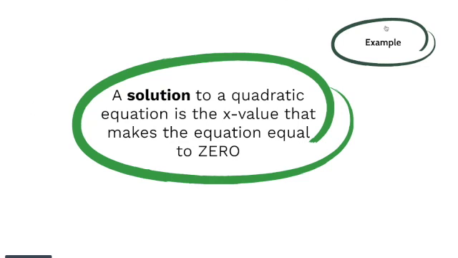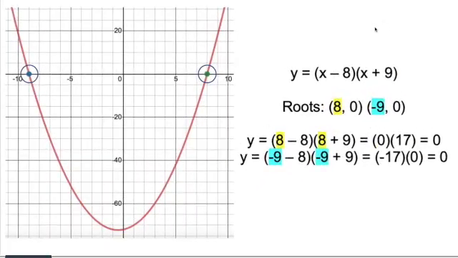Let's take a look at an example of a parabola and its solutions. In this parabola, I notice that it crosses the x-axis at x equals -9 and x equals 8. These are known as the roots. When I substitute each root into the equation, I get 0.